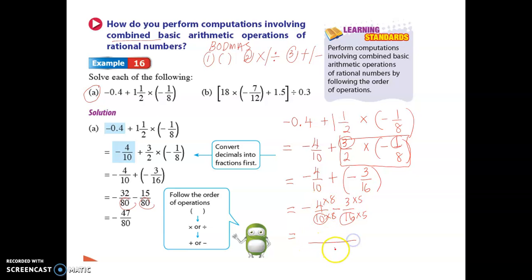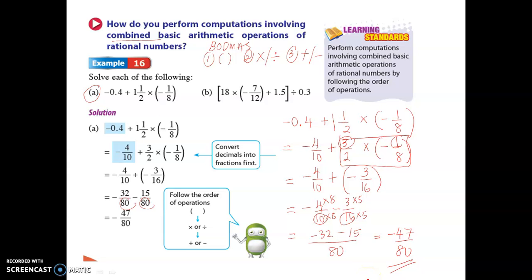So it will become 80. 4 times 8 you get negative 32. Negative 3 times 5, negative 15. No more brackets, no more multiplication or division, so you only have subtraction. You solve from left to right. You will get negative 47 over 80.